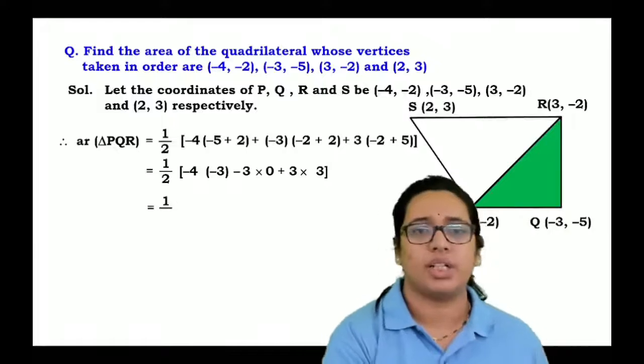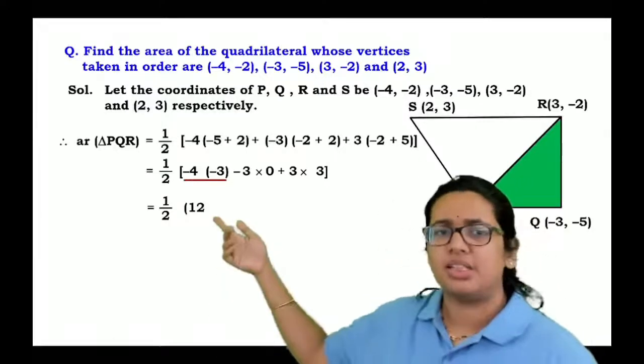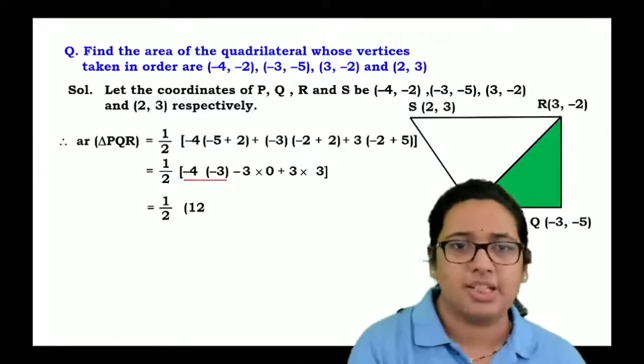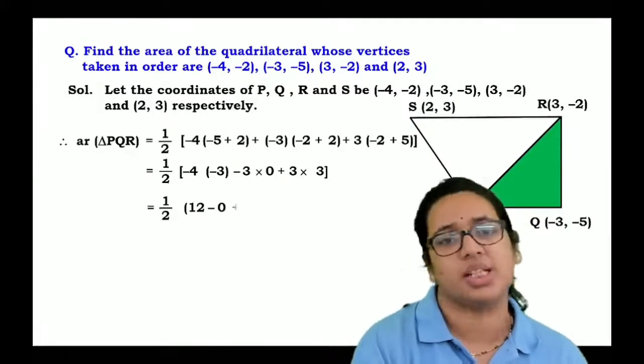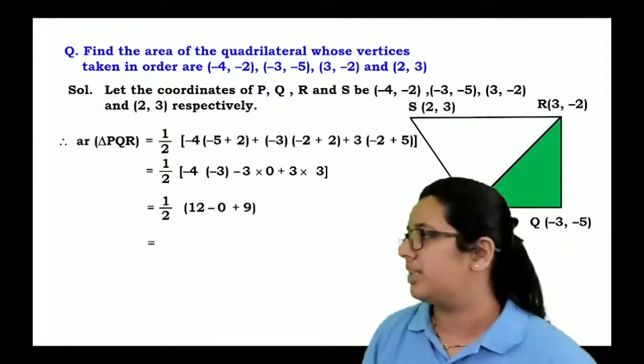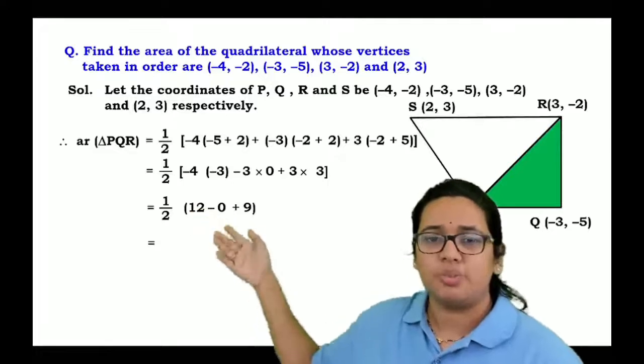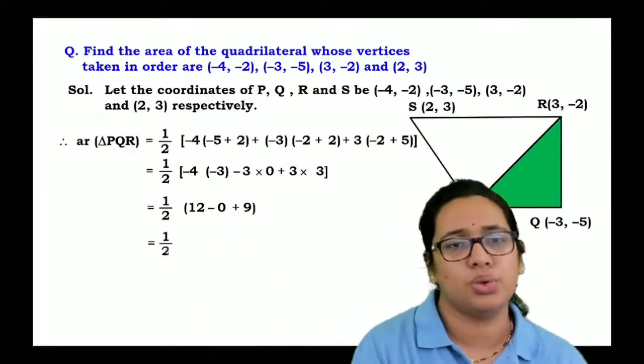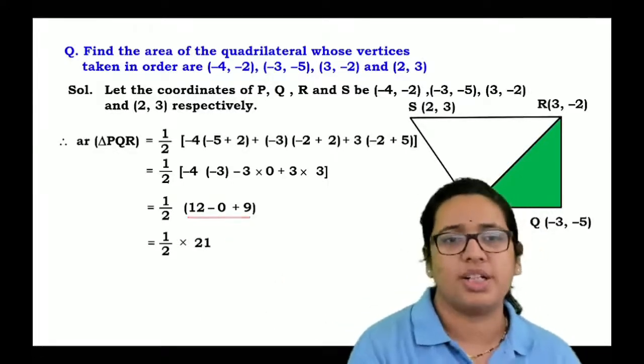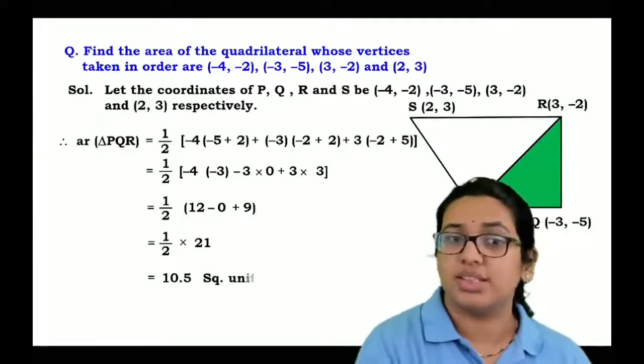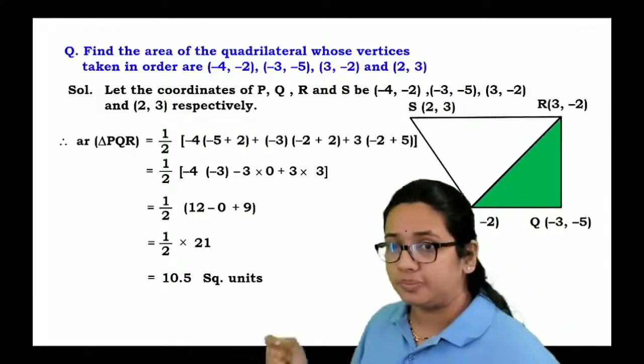Hence half into -4 into -3 is nothing but 12, minus 0, plus 9. So 12 plus 9 upon 2. Correct? So half into 21. So the answer is 10.5 square units.